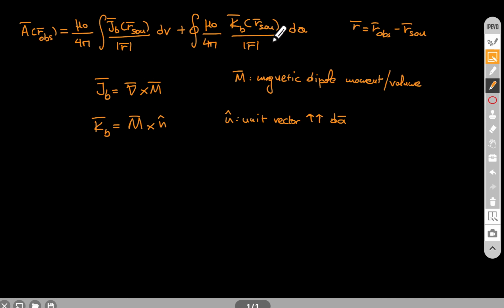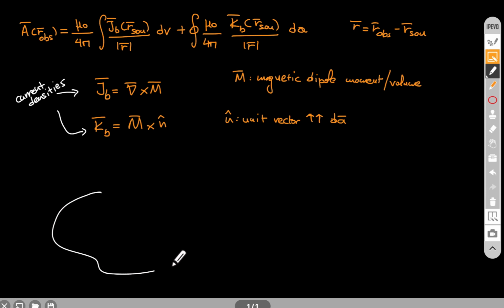Now, I want to talk a little bit about the meaning of these two current densities. Both of these are, at the end of the day, current densities. They refer to currents.